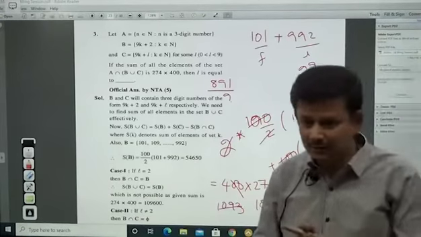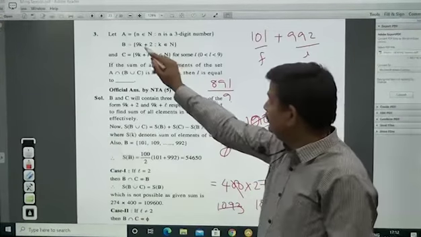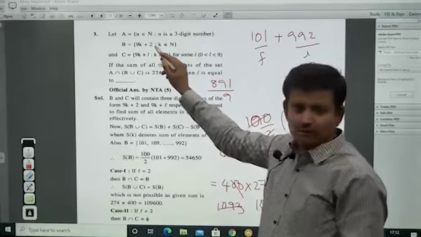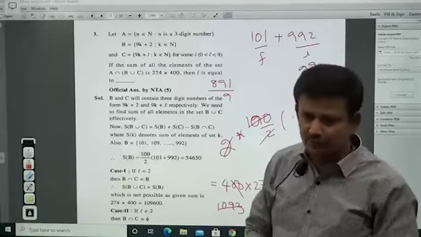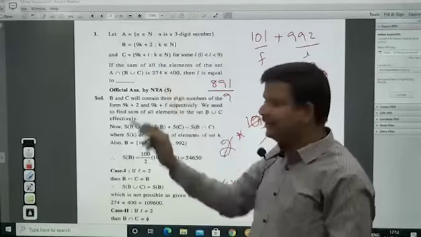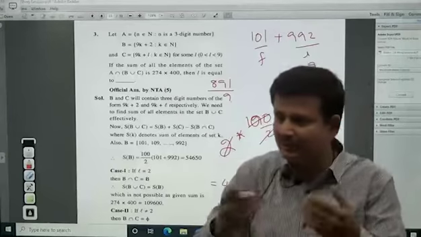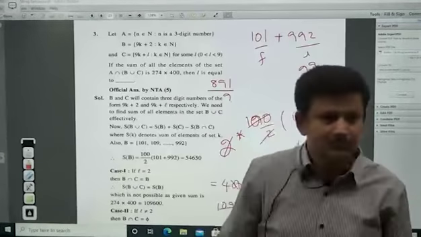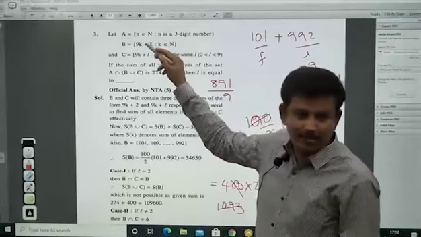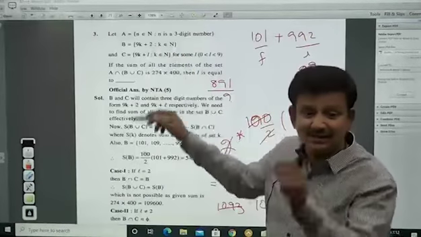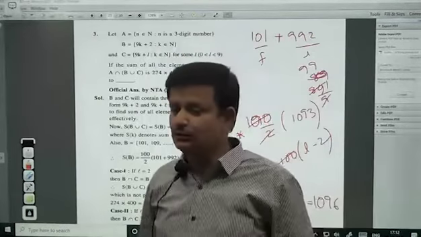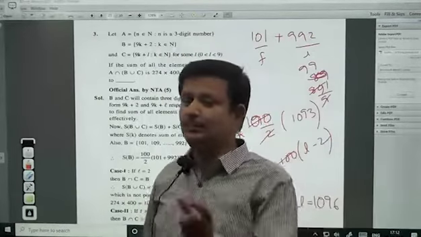What we have done? Sum of numbers, let's say the 9k plus 2 sum is there. This we have already found out. 9k plus 5 sum, if I have to find out, I need not repeat the entire thing. It will be the same as this sum, plus that additional 3 is coming how many times? 100 times. So plus I have to write 100. Yes or no?